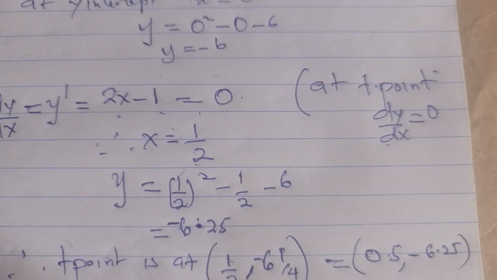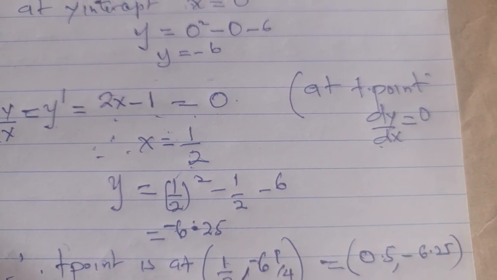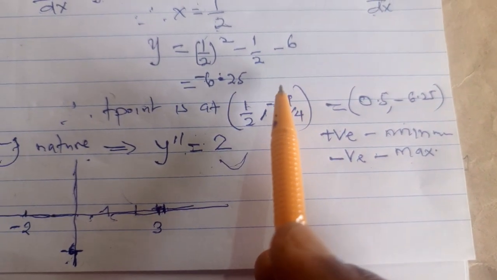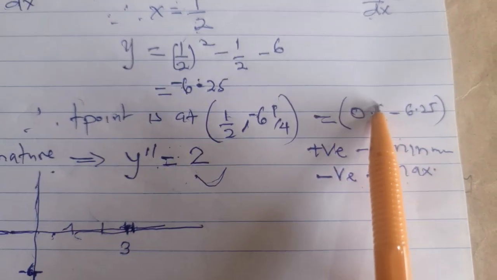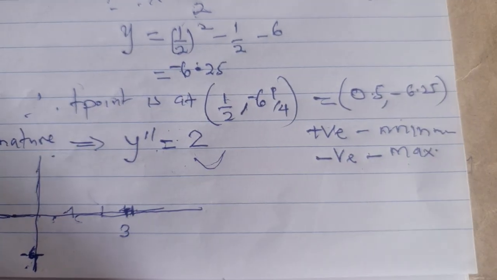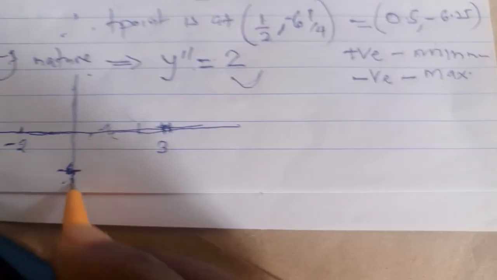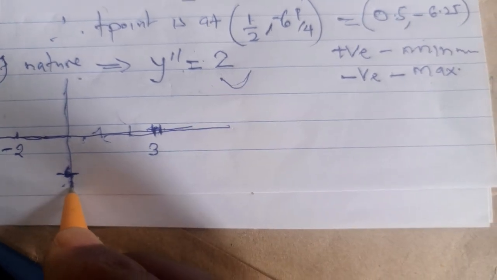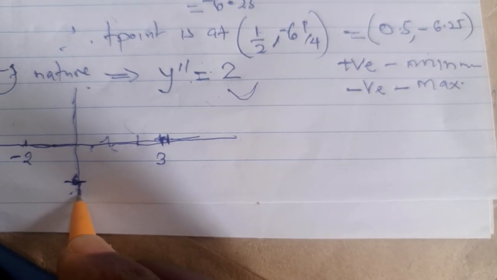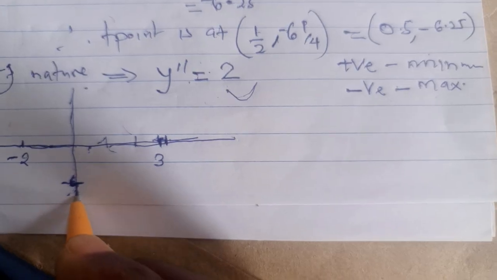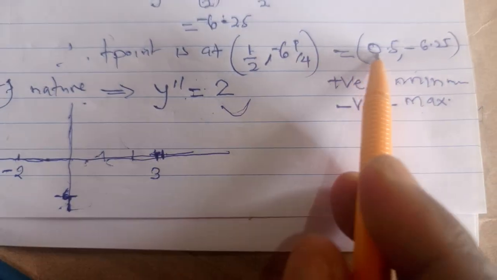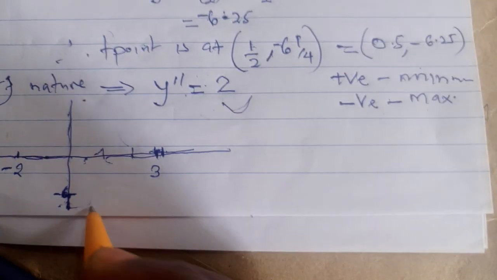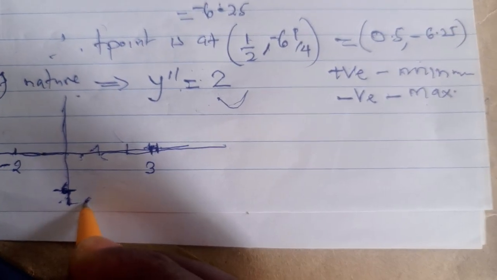And we are saying that the turning point is at negative 6.25. So negative 6.25 will be slightly beyond negative 6 on the negative scale of the y-axis. Remember the coordinate is 0.5, negative 6.25, so it will be somewhere down there.